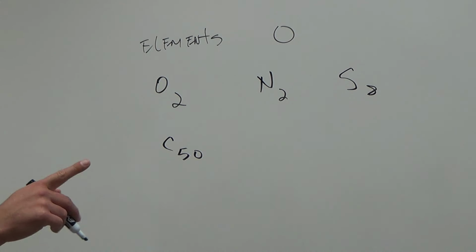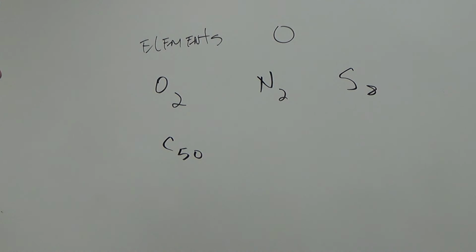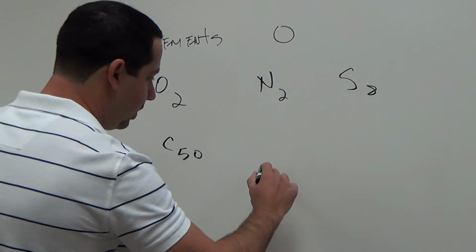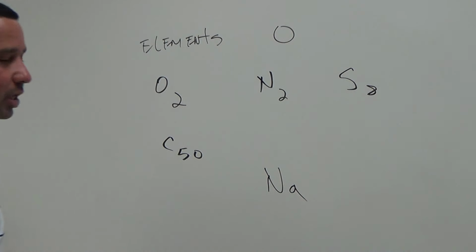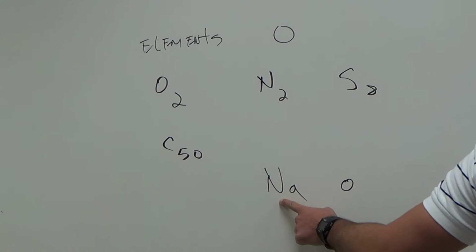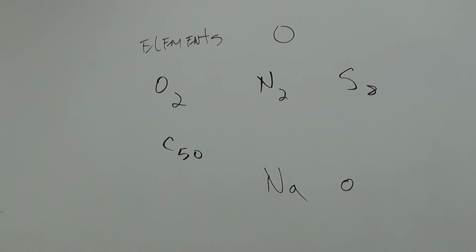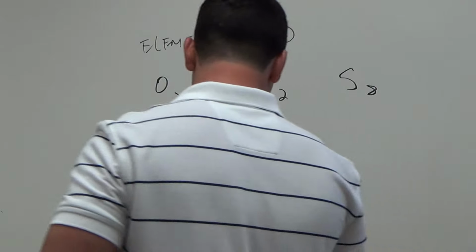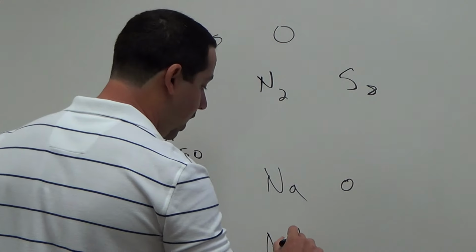Oxidation number of all monoatomic ions. This is the next rule. Monoatomic ions is equal to the ionic charge. That means, what's the oxidation number of sodium? It's still 0. Got you. Oxidation number of that is 0 because it's an element, is it not? Now the next rule was the oxidation number of monoatomic ions.